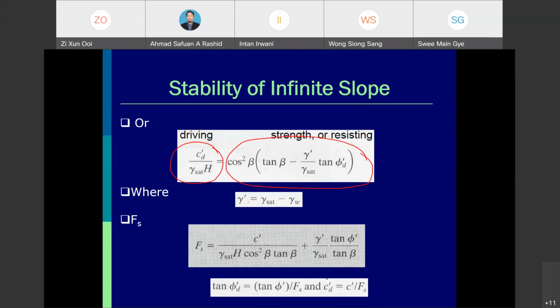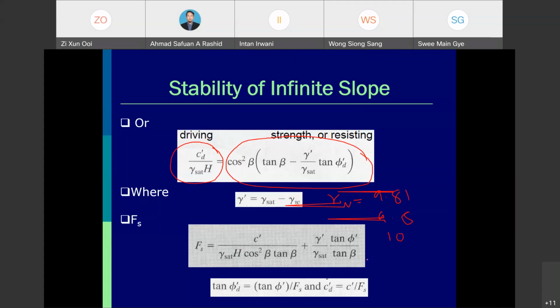This is the effective unit weight, saturated minus gamma w. Normally for gamma w, we can use 9.81, 9.8, or 10. Then we rearrange the equation to get the factor of safety.